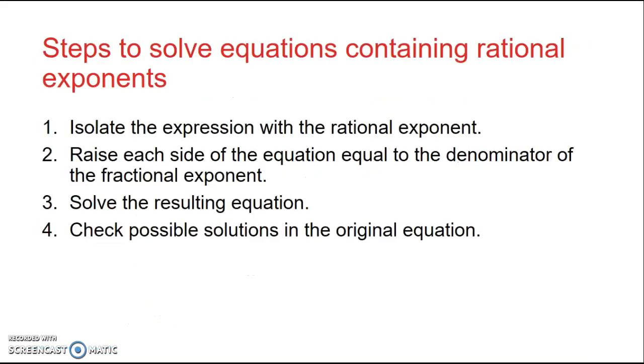But here are the steps. Just like we did with radical equations, we need to isolate the expression with a rational exponent. Then, like we did with radical equations, we had to raise each side to some number that would remove the radical. So here we're going to raise each side to the exponent that's equal to the denominator of that fractional exponent, because guess what?